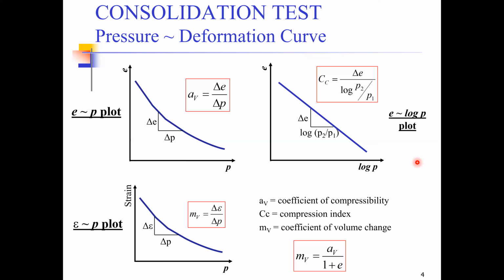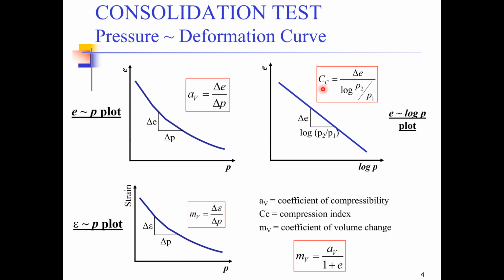So as we have discussed so far, this graph, the E log P graph, is the most important one. It is the graph which is most commonly used in our calculations. And this is the same reason why CC, the compression index, is a parameter which we most commonly use for the determination of the magnitude of settlement.